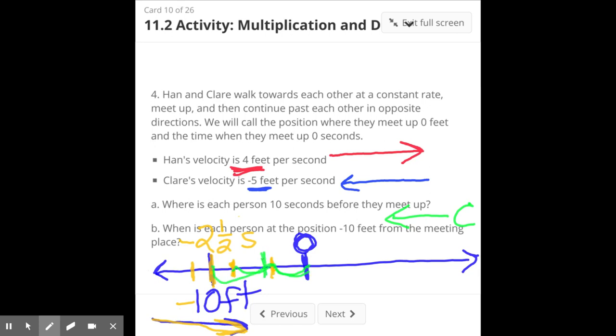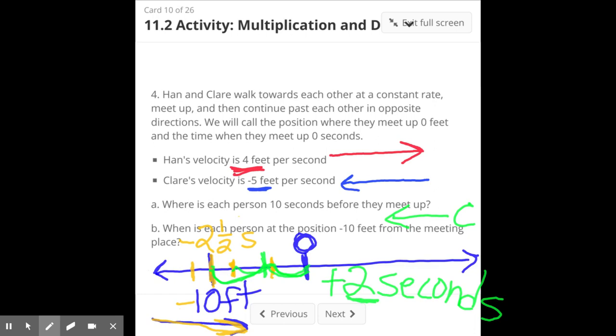So that's going to be 2 seconds. And it's a positive 2 because Claire has gone past the meetup point. So for Claire, she goes 10 feet in 2 seconds. And it's a positive because she's already past the meetup point.